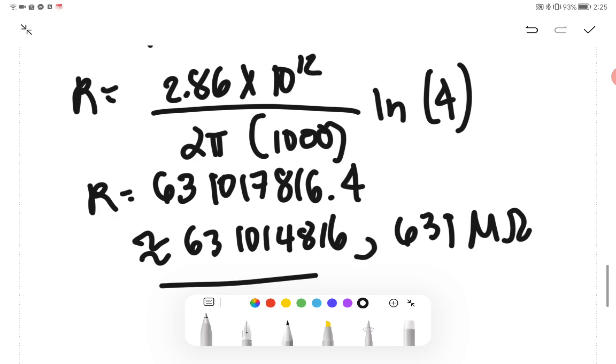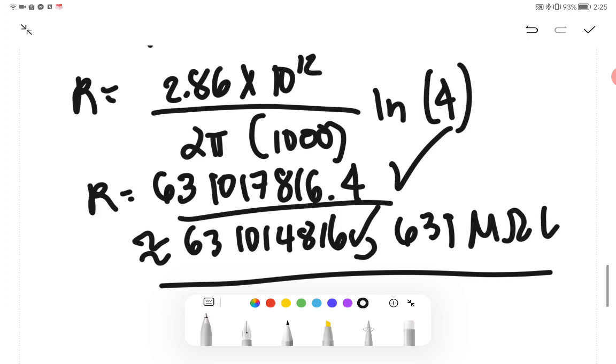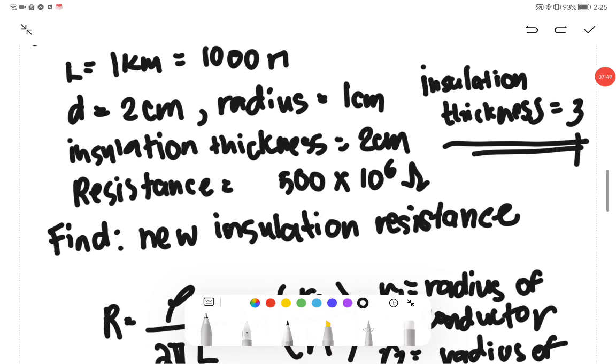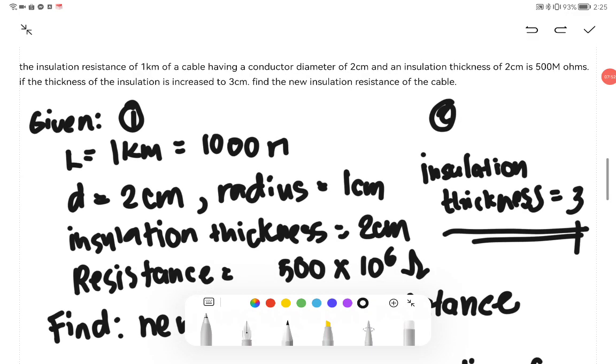That would be the value. This could be an answer, this could be an answer as well, so it will only depend on your choices or on what is said in our problem. Okay? So thank you for watching.